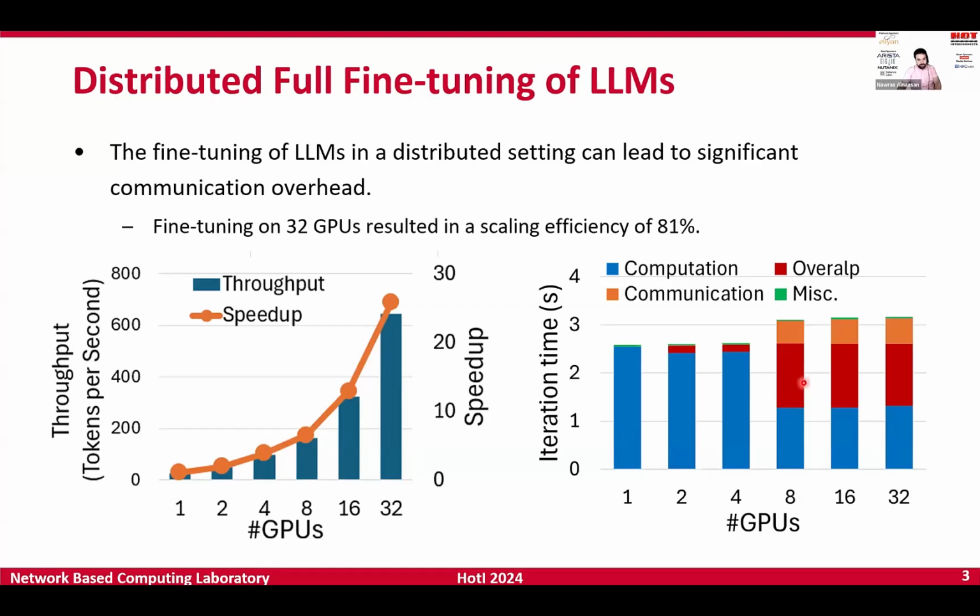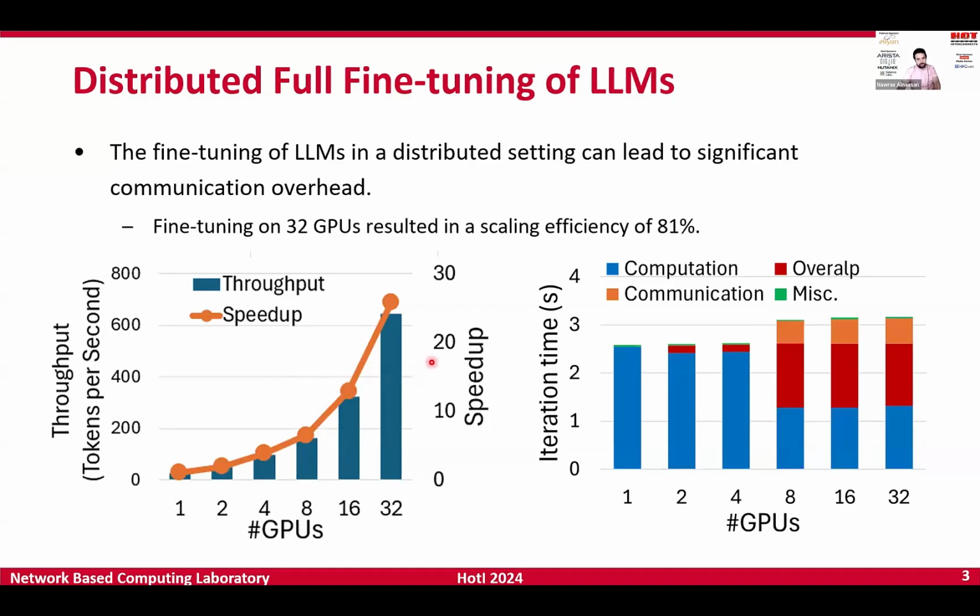This is because in the experimental setup, we have 4 GPUs per node that are connected via NVLink. And as we increase beyond the 4 GPUs, we need inter-node communication via the network, which is significantly slower than intra-node communication. So all of this is with full fine-tuning.